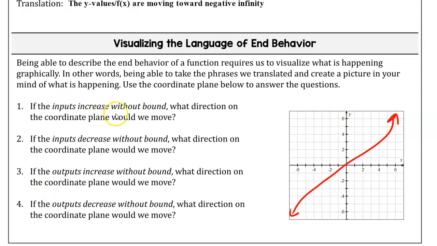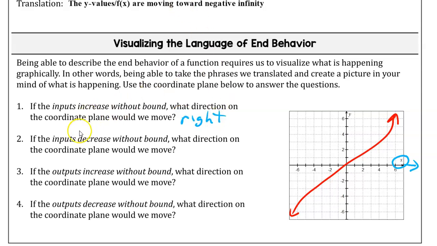And it says the inputs increase without bound. What direction on the coordinate plane will we move? So the inputs increase without bound, that would be talking about right here. Inputs are x without bound. Increasing would be to the right, so that would be moving right.